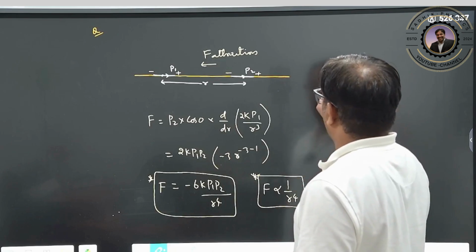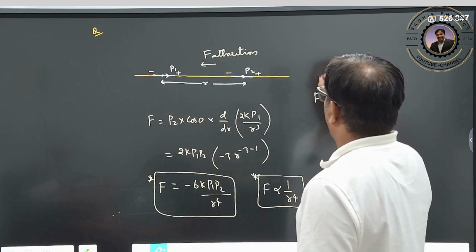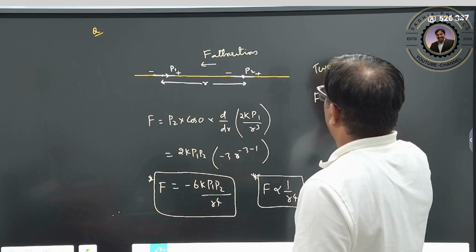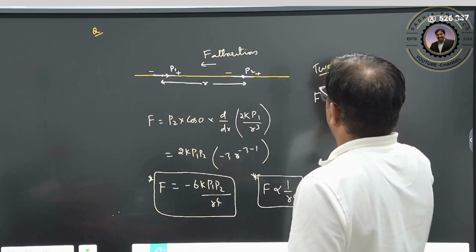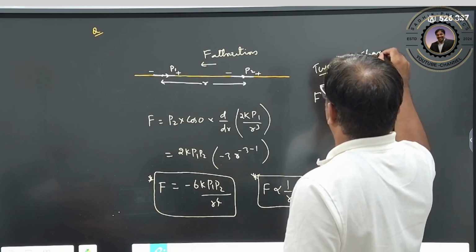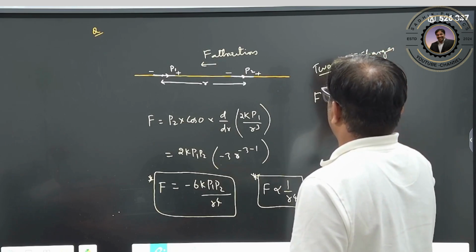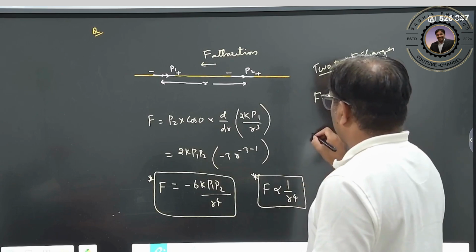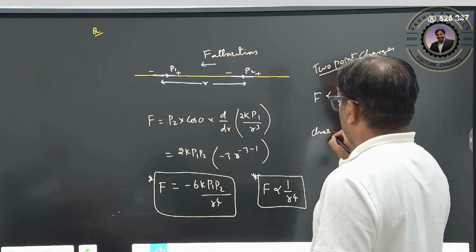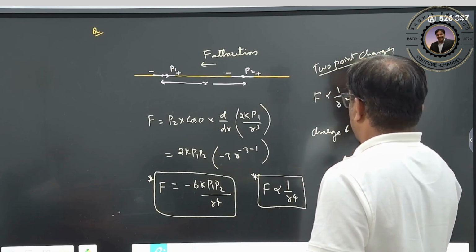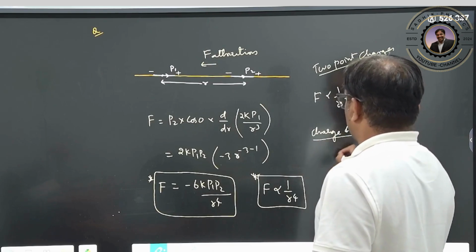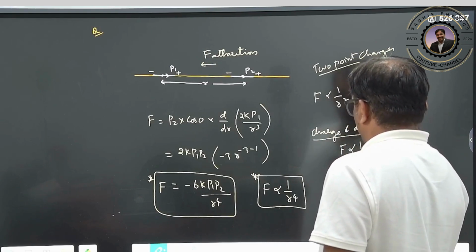So, what is the force between two point charges? Two point charges. What you can write is that the force between charges is inversely proportional to the square of the distance. Here charge and dipole, we will do this now, okay. It is inversely proportional to the cube of the distance.